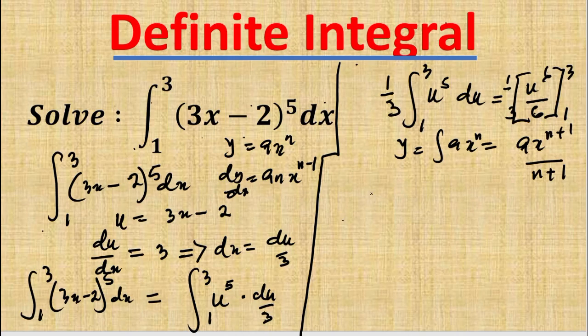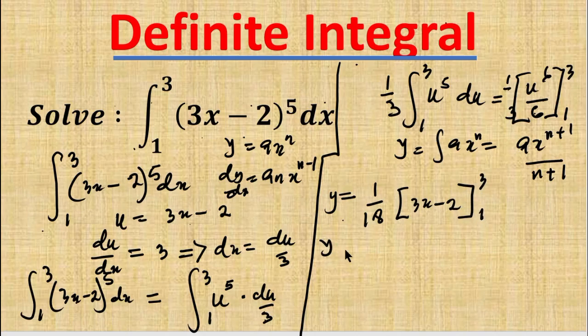So that my total expression here, y, now is the same thing as 1 all over 18 times u raised to power 6. Remember that our u is 3x minus 2. That's (3x minus 2) evaluated between 3 and 1.